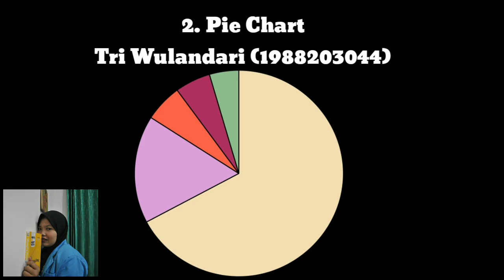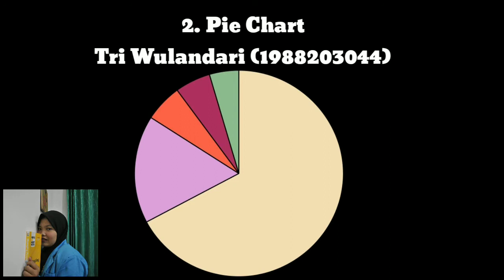A pie chart, or a circle chart, is a circular statistical graphic which is divided into slices to illustrate numerical proportion. In a pie chart, the arc length of each slice, and consequently its central angle and area, is proportional to the quantity it represents.